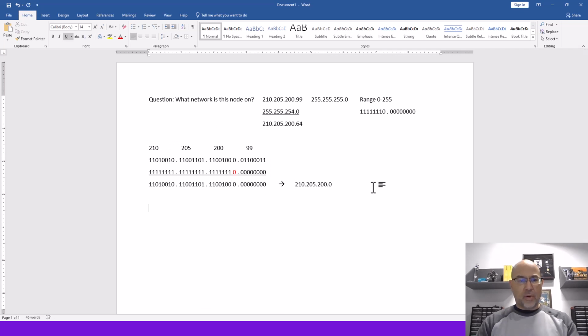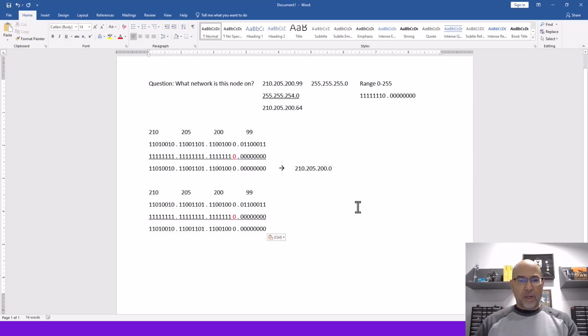I'm going to copy the whole thing, but what I'm going to do is change this to 201, which means that I just changed this value to 201, which also means that when I bring this down, this is still a 0.